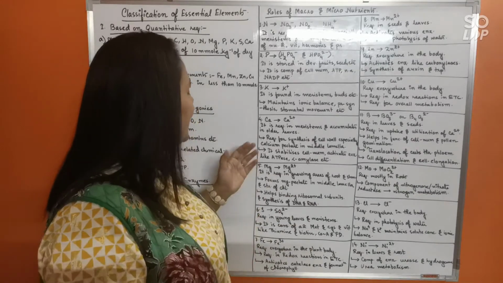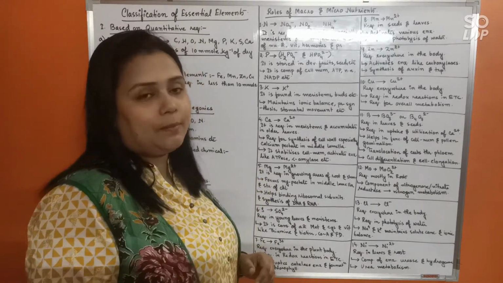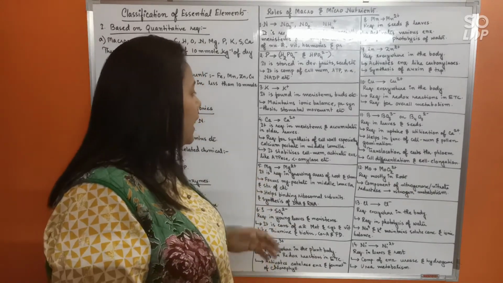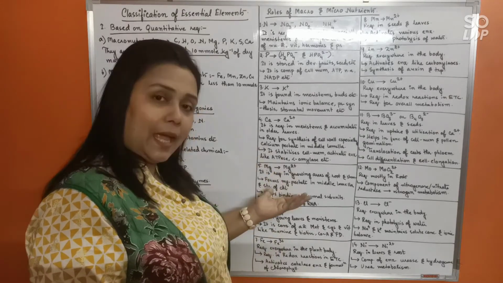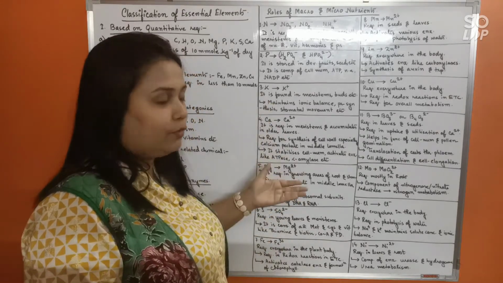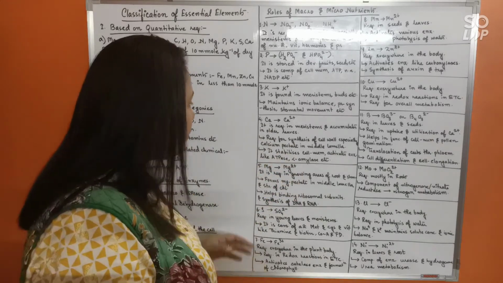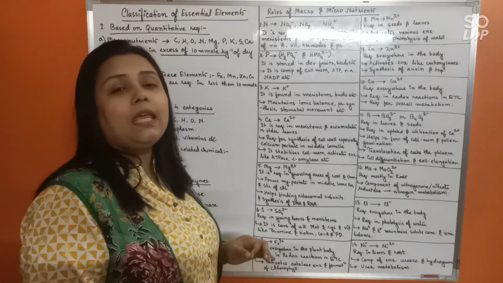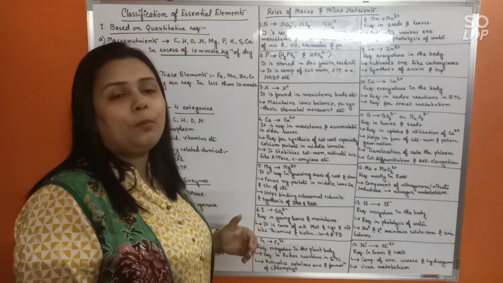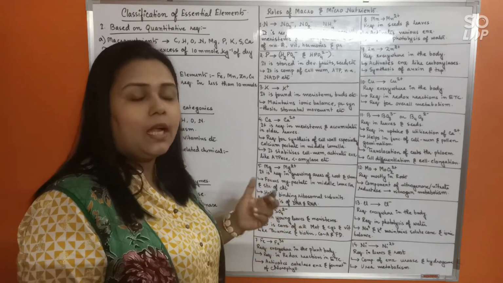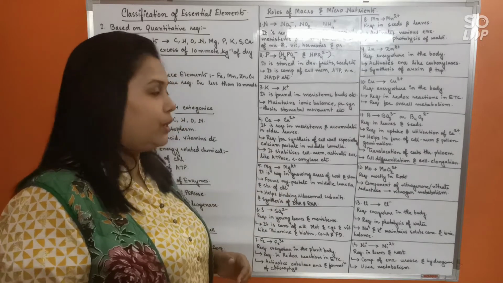Alright. Next, calcium. Calcium is absorbed as Ca2+. It is required in the meristems again. See, it's been common for all of these. So meristems, and it accumulates in the older leaves, because calcium being an immobile element is not remobilized from older to new parts. That's why it accumulates in the older leaves.